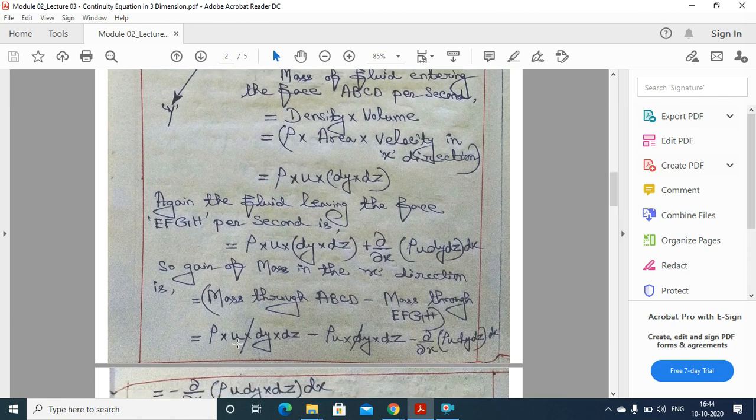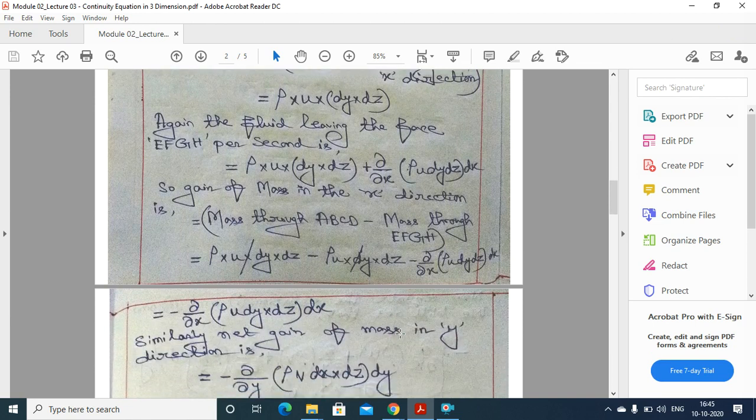So the mass entering through ABCD is rho into u into dy into dz, minus rho into u into dy into dz minus del x rho into u into dy into dz into dx, which is the total mass leaving through EFGH. So if we solve this, we get minus del x into rho into u into dy into dz into dx. That is the amount of mass gain in the x direction.